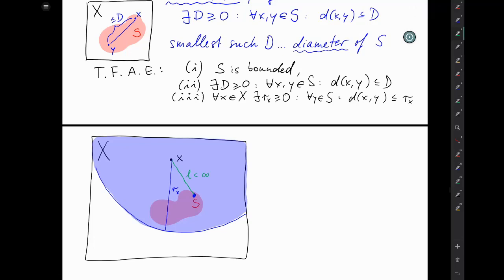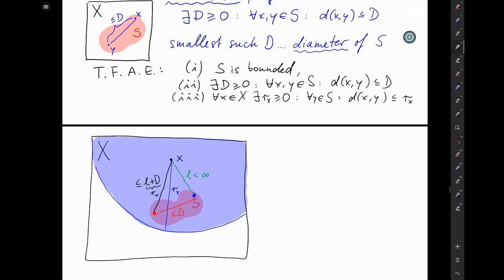But then by statement 2, from that blue point to any other point in S, the distance is not more than capital D, our diameter, which of course shows that the red point is within distance less than or equal to L plus D from your point X, and that's how you're going to put your little Rx.